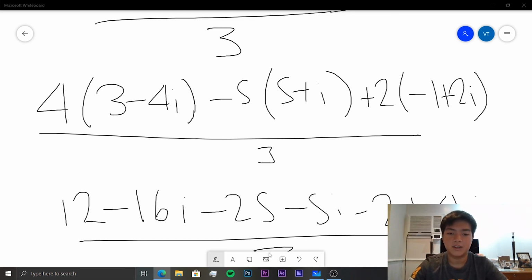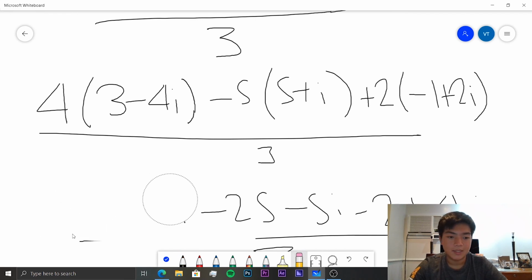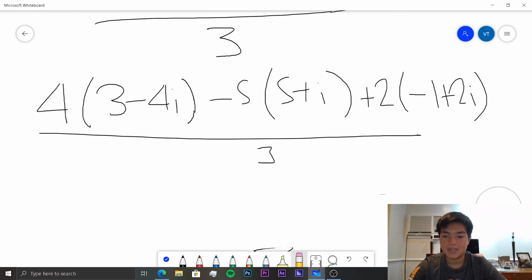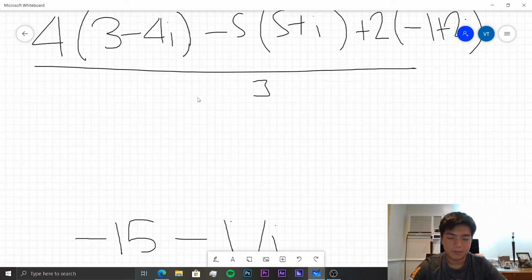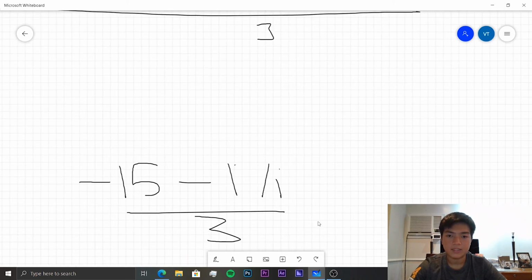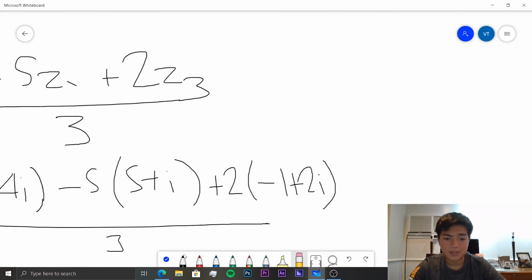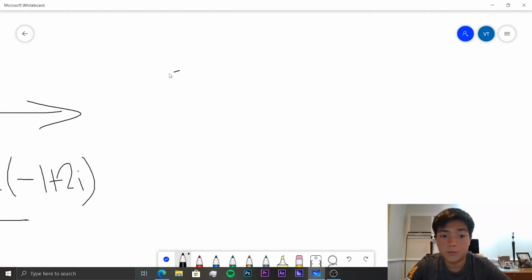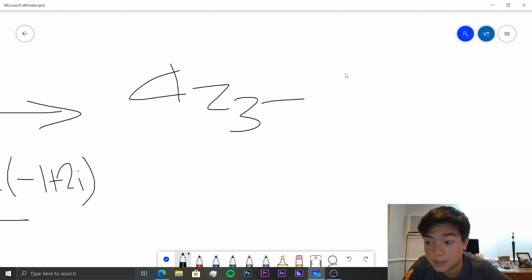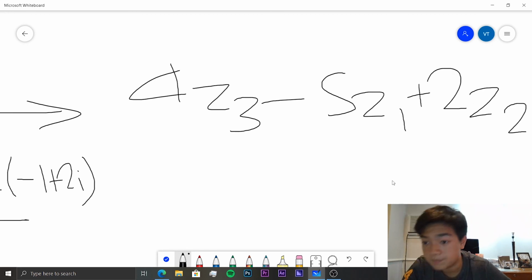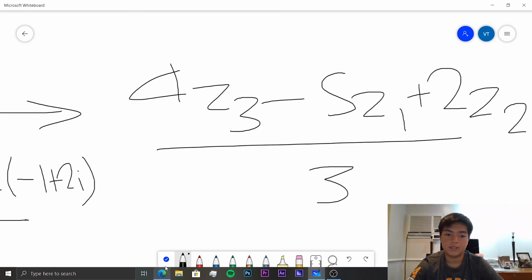Oh, sorry. I realized my mistake. It's because they wrote the tiny numbers in such a small font that I read them wrong. So let me just rewrite the entire question. It's actually supposed to be 4z3 minus 5z1 plus 2z2, all over 3.